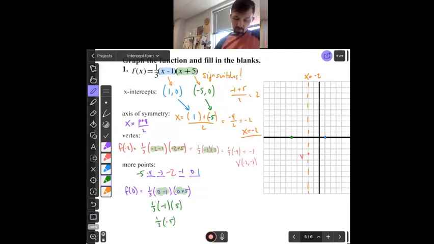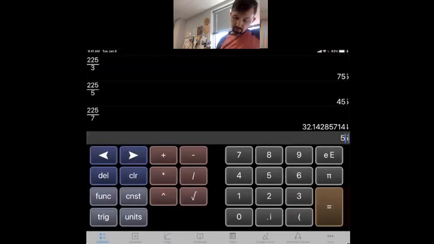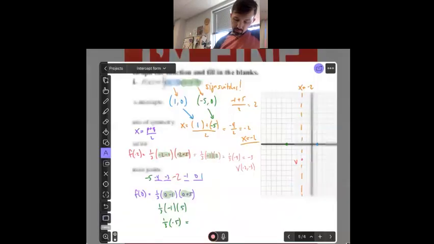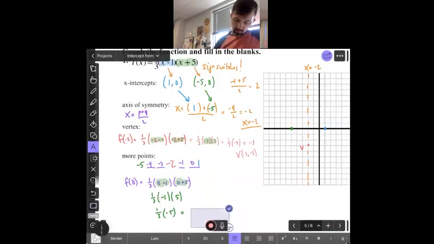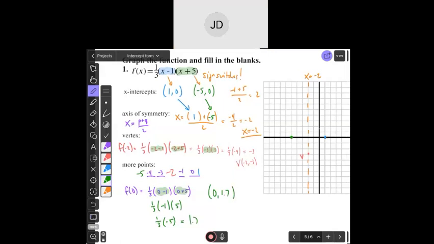I don't know what 1/3 of 5 is, so I get on my calculator. 5 divided by 3 is 1.666, so round that to the nearest tenth, 1.7. And I go and plot that point. So 0, 1.7. Is that a negative?